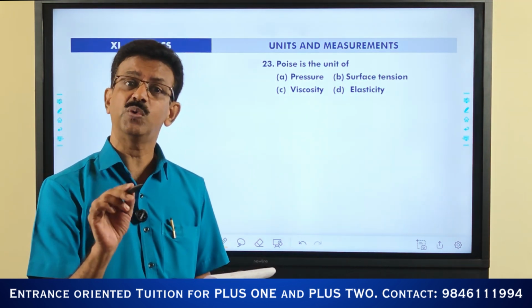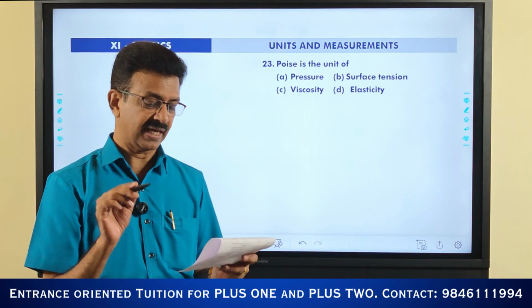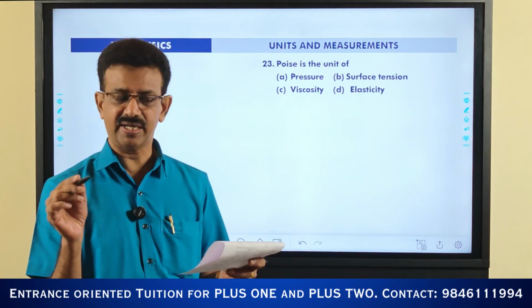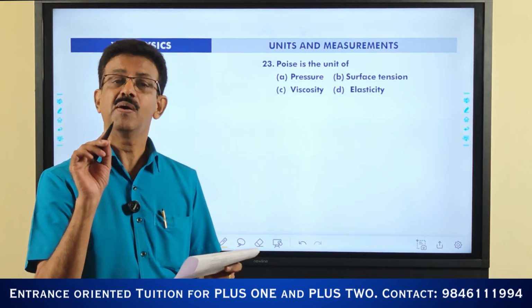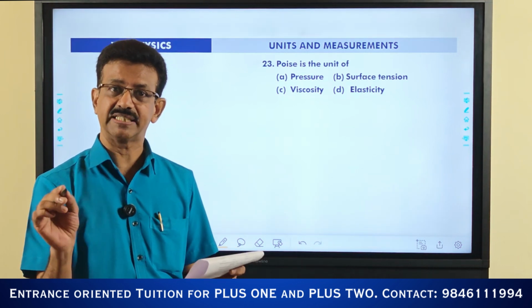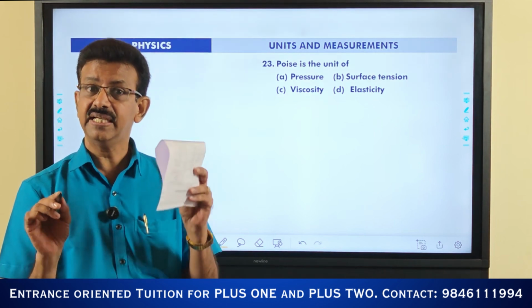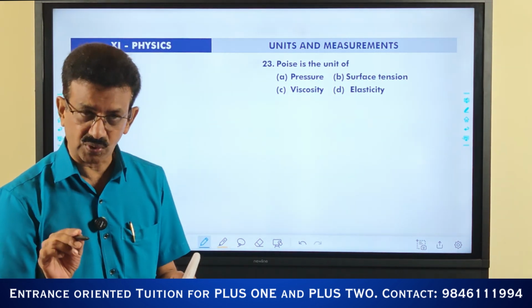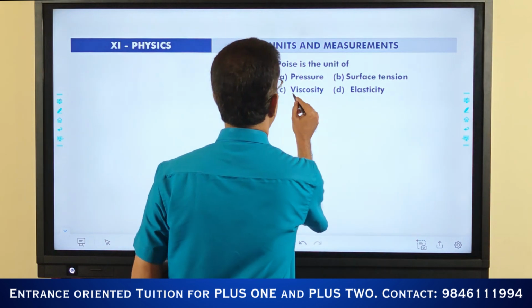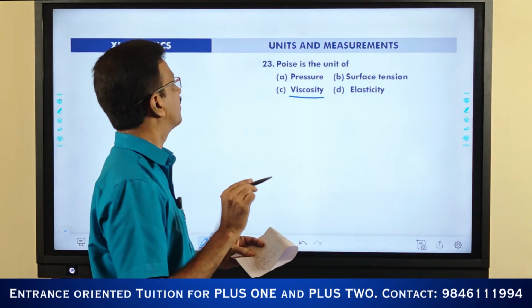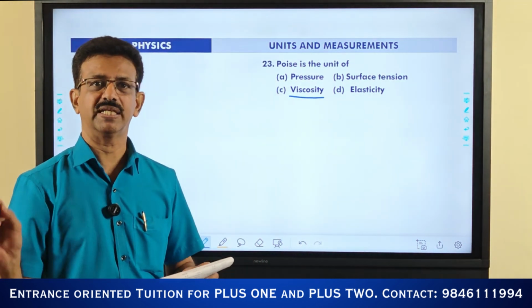Its SI unit is Newton second per meter square. Then, elasticity, it is not a quantity, it's a property. Therefore, poise is the unit of viscosity and it is the CGS unit of viscosity. Therefore, here the correct answer is C. Poise is the unit of viscosity.